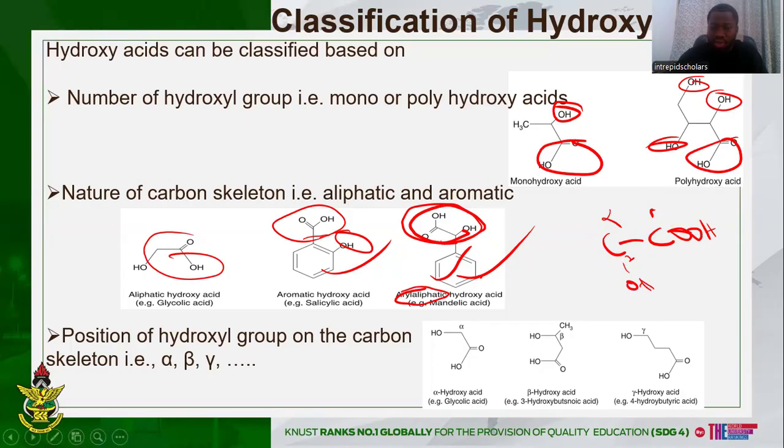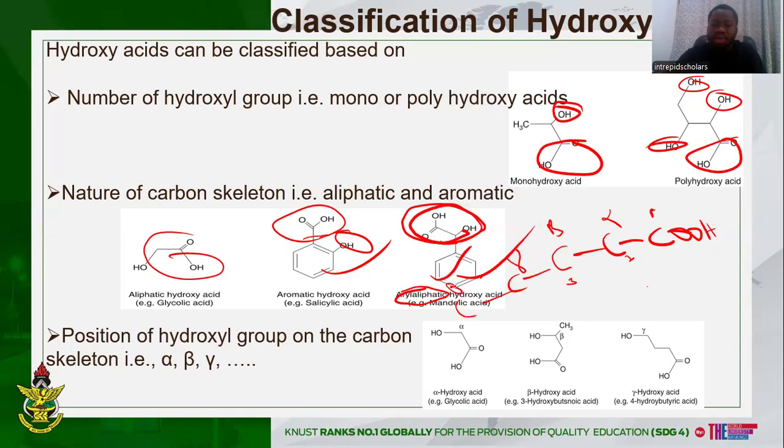Now, if the OH is not here, but on the next one, so number 3. If this is alpha, this is beta. The next one is gamma. The next one is delta, right?